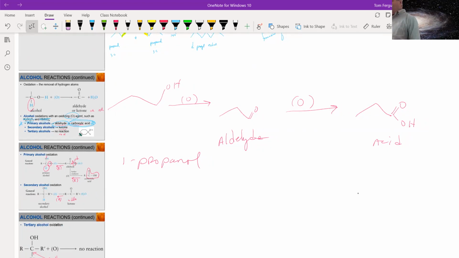Okay, so on the end, again, there are 2 hydrogens there. Each one of those can be oxidized independently. On the aldehyde, there's 1 hydrogen left, so it can be oxidized.